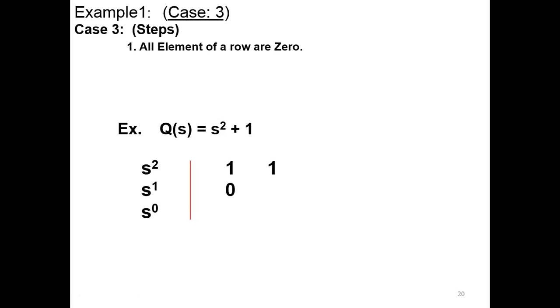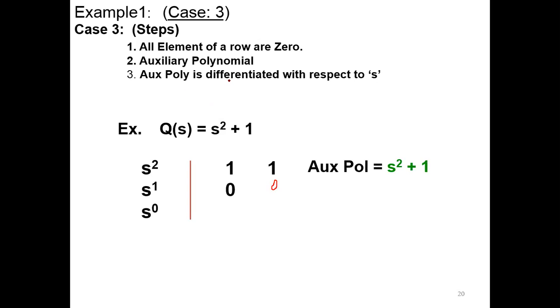Step by step. First step, all elements of the row are 0, because the term s is missing here. Second, we will take the auxiliary polynomial. The auxiliary polynomial in this case will be equal to s square plus 1. The third step will be the differential of the auxiliary polynomial with respect to s.